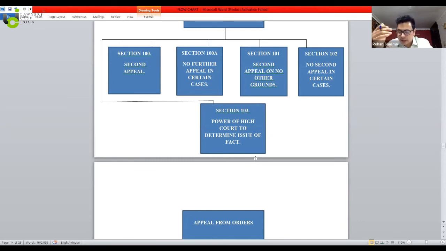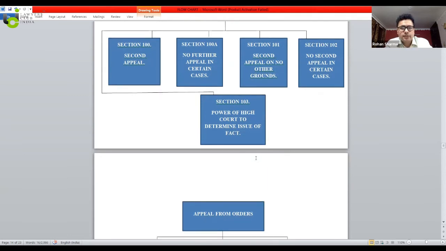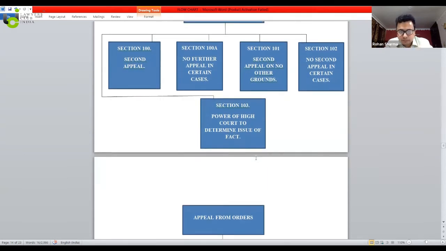Section 100A and 101 further declare, very specifically, that in case there is any other ground except for that mentioned in Section 100, you cannot be hearing a second appeal. So, by way of implication, Section 100 and the grounds mentioned in Section 100 are to be adhered to in a very, very prominent manner, no matter what. We'll discuss this in detail when we discuss this topic. Okay.